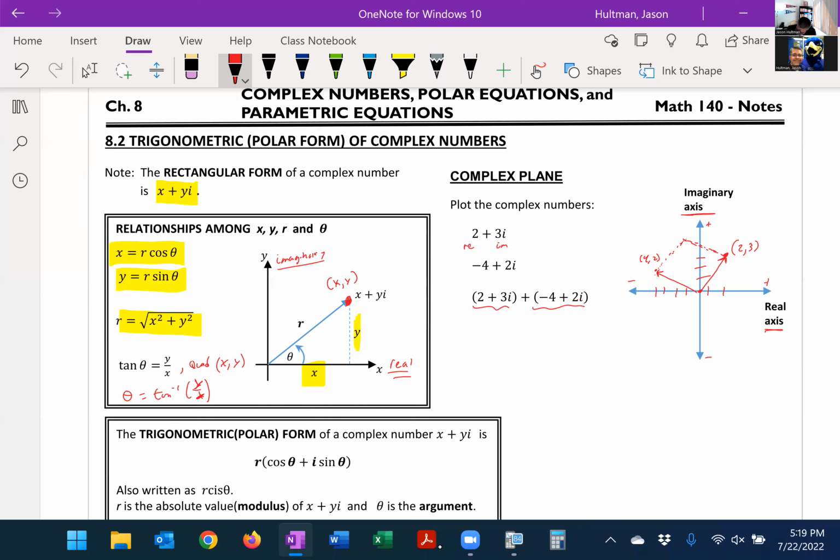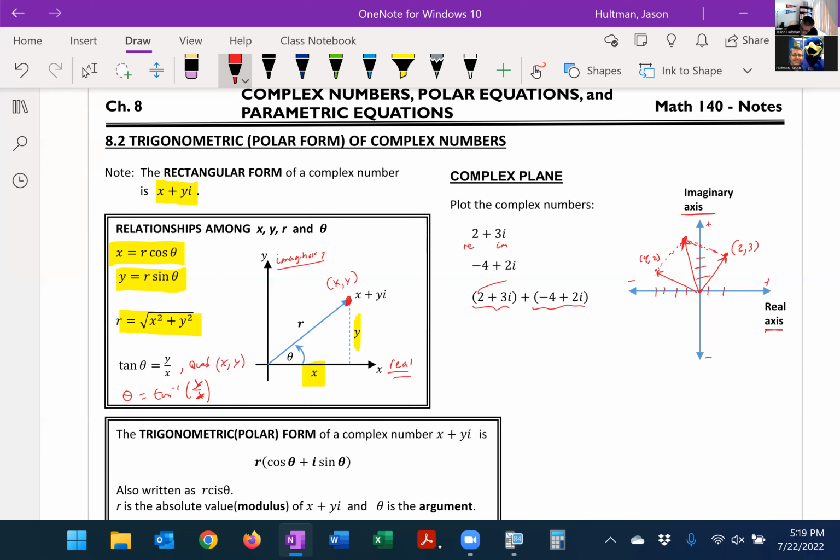Okay, and the resulting diagonal should give me where that resulting vector is. Okay, so now let's find out exactly where that resulting vector is located.